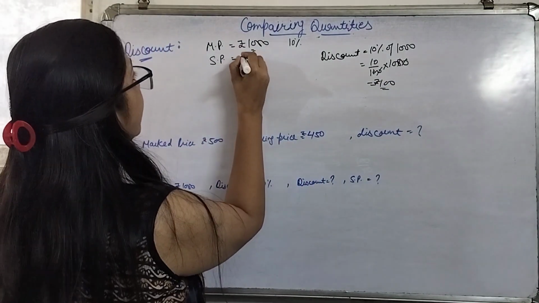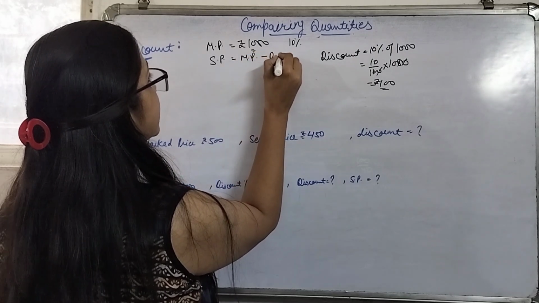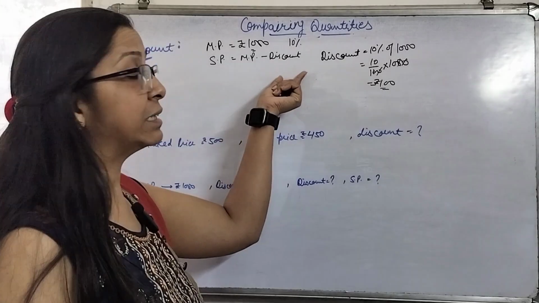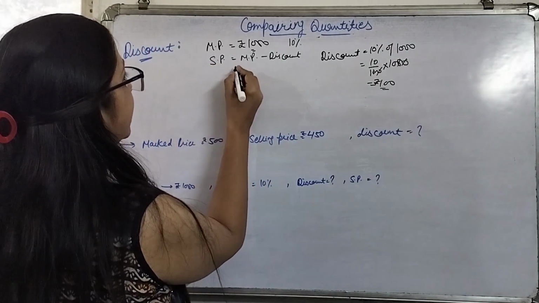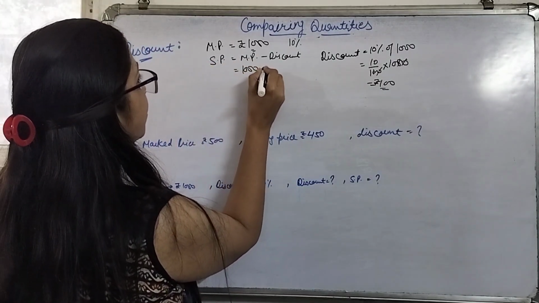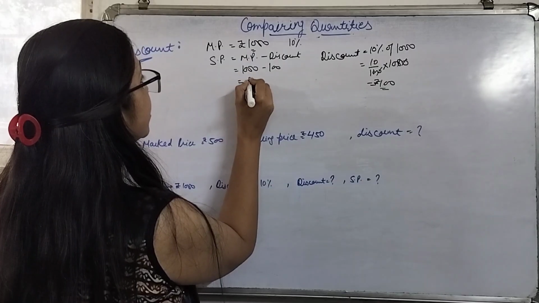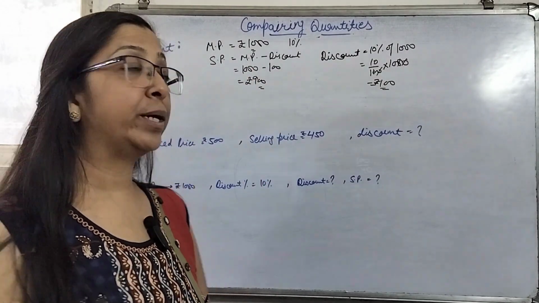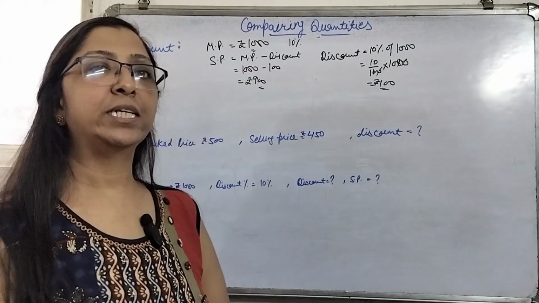Selling price will be the marked price minus the discount. If from the marked price we subtract the discount, we get the selling price. That means 1000 minus 100, that is 900, will be the selling price of the article. We need to pay 900 rupees for purchasing that article.